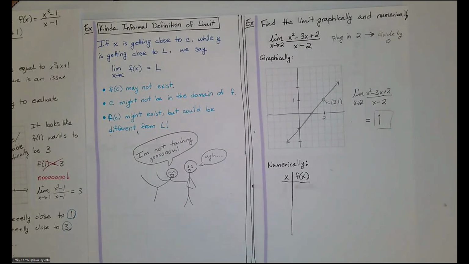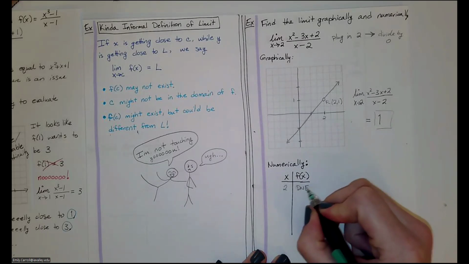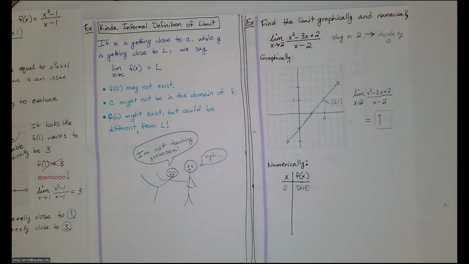All right, now let's try a numerical argument. So we want to pick numbers that are close to 2. Trying to evaluate at 2 does not exist because it's going to divide by 0. Let's try getting close.